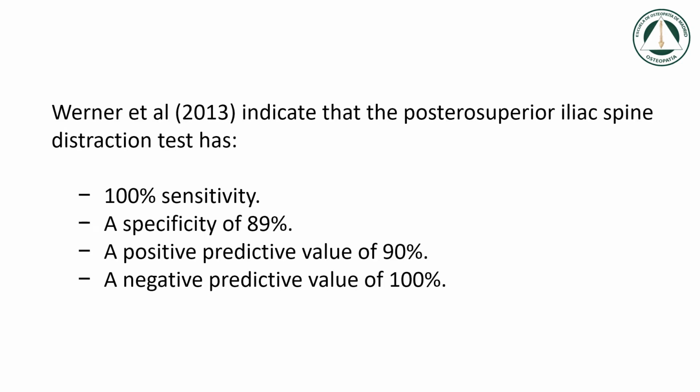Werner et al. 2013 indicate that the posterior-superior iliac spine distraction test has 100% sensitivity, a specificity of 89%, a positive predictive value of 90%, a negative predictive value of 100%.